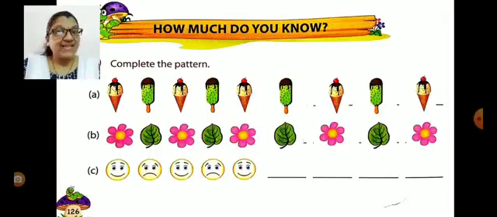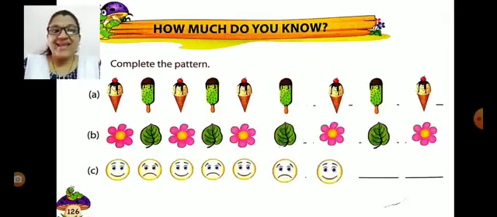Here we see few smileys. But look at their expressions. First smiley is a happy smiley. Second is a sad smiley. Third, again happy, then sad, then happy. Now which smiley will come next? Yes, the sad smiley.